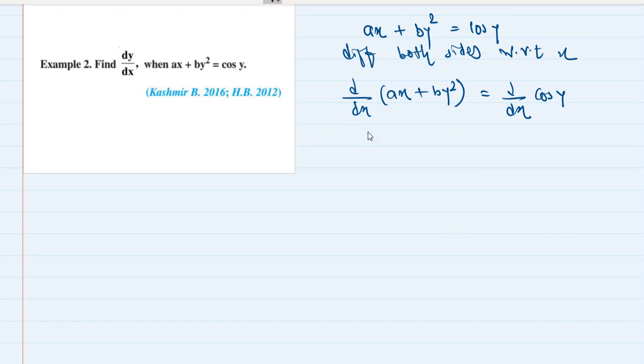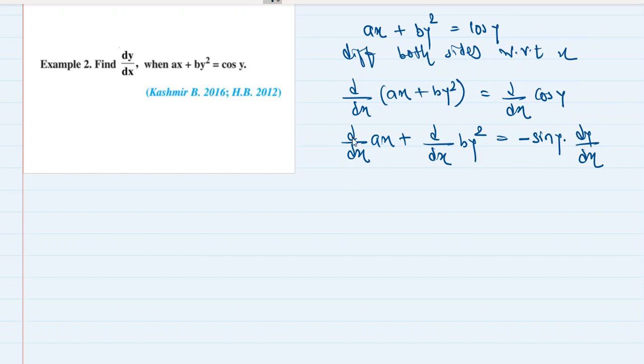Now d by dx of ax plus by square will become d by dx of ax plus d by dx of by square, is equal to d by dx of cos y, which will become minus sine y multiplied by dy by dx, right? There is no issue, we just now did it. We have cos y, so minus sine y into dy by dx.